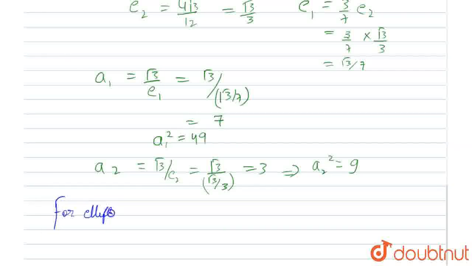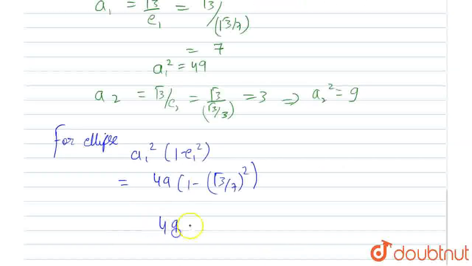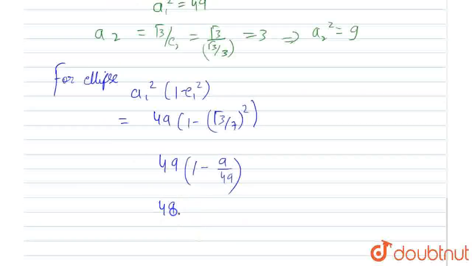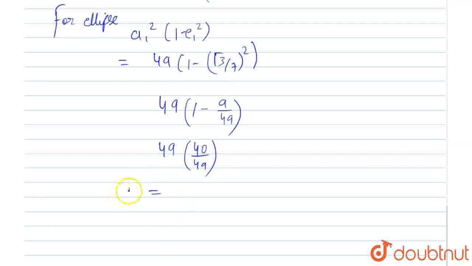For the ellipse, B1 square is A1 square into 1 minus E1 square, which is equal to 49 into 1 minus root 3 by 7 whole square, that is 49 into 1 minus 9 upon 49, which is 49 into 40 upon 49. So B1 square is equal to 40.